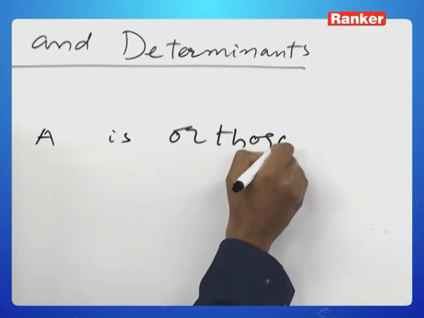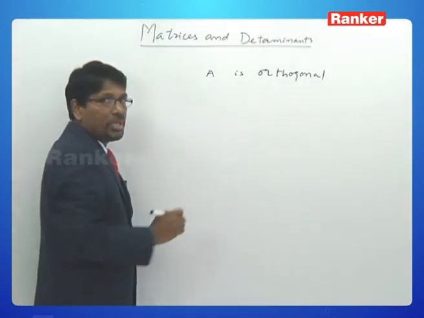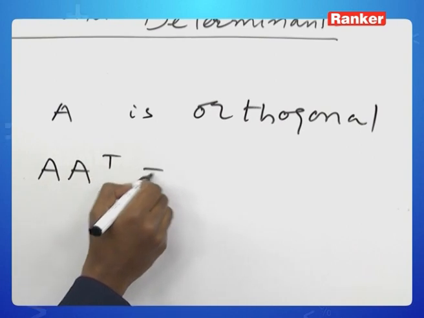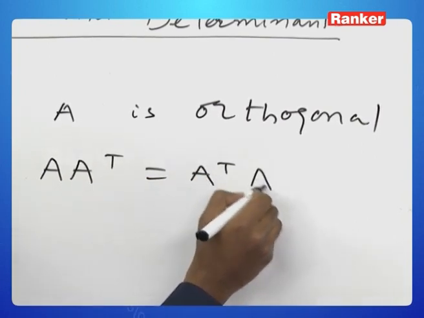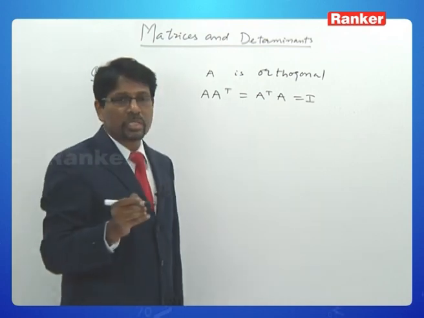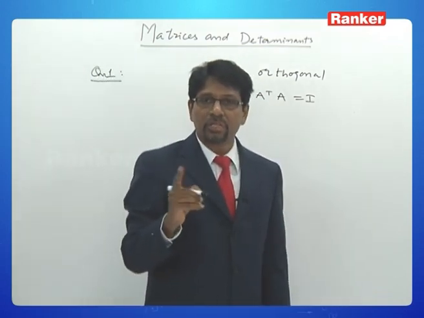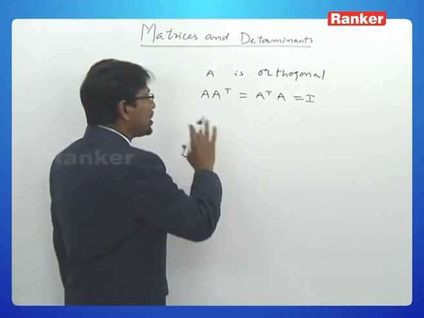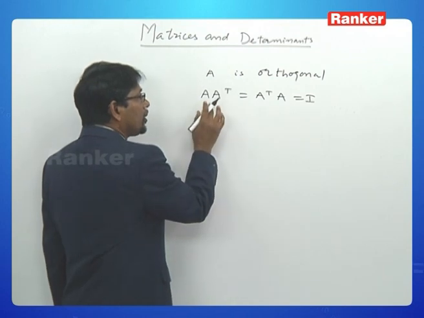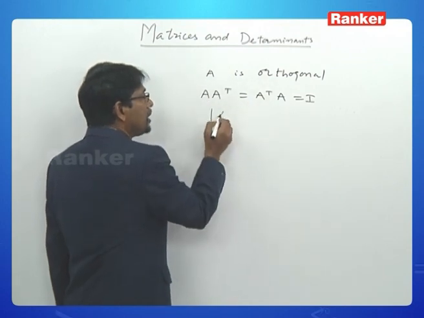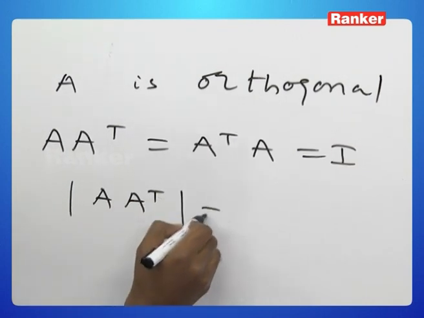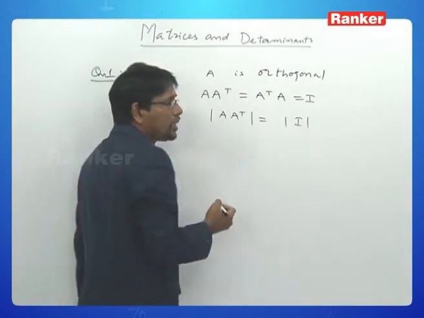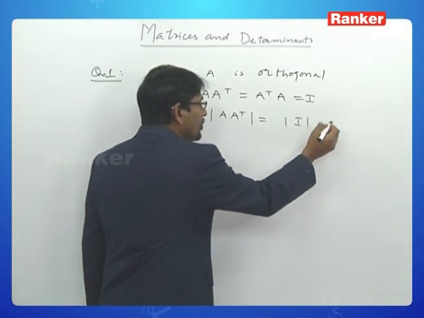What is the definition of an orthogonal matrix? A into A transpose must be equal to A transpose into A, and that must be equal to I. That is, A transpose and A are the inverses of each other. What can you say about the determinant of an orthogonal matrix? Let us apply determinant on both sides. Determinant of A into A transpose is equal to determinant of I. What is the determinant of an identity matrix? 1.